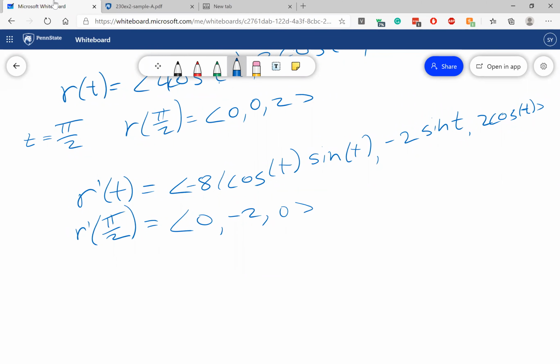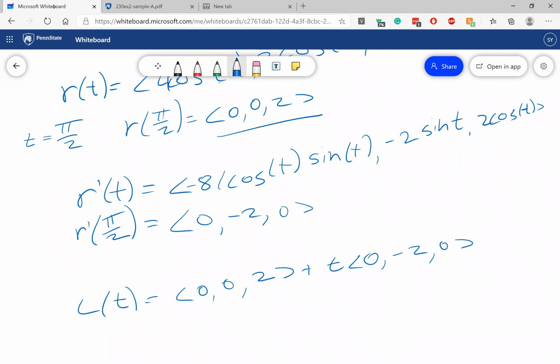We're going to start at this point, so our line L of t is going to be equal to (0, 0, 2) plus t times (0, negative 2, 0). So again, this is our v over here, and this is our point r0. And that would be the answer.